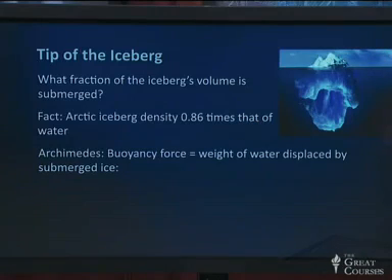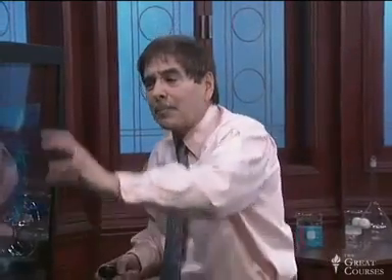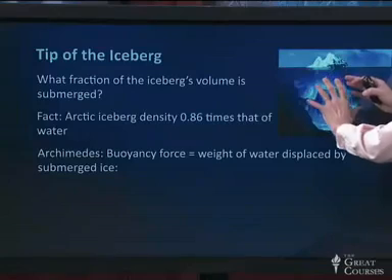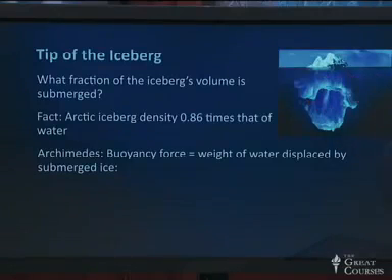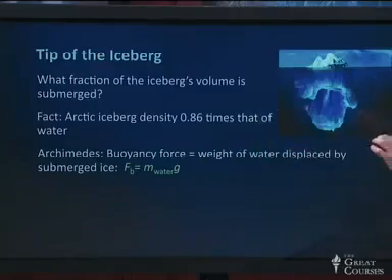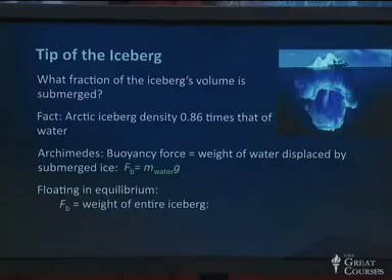Archimedes says the buoyancy force is equal to the weight of the water displaced, not by the entire iceberg once it's floating, but by the submerged portion of the iceberg, because that's the only part that has displaced any water. So the buoyancy force is the weight of the displaced water, not the weight of the whole iceberg. So F buoyancy is the mass of the water displaced times g.